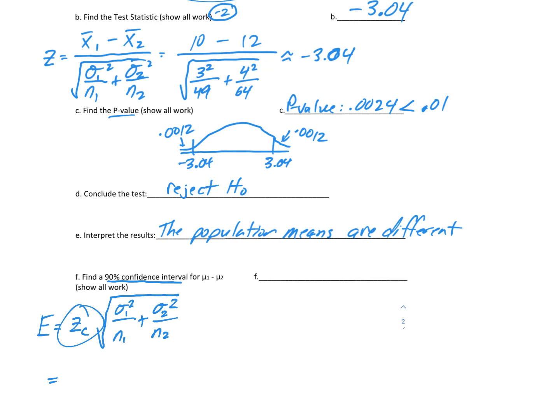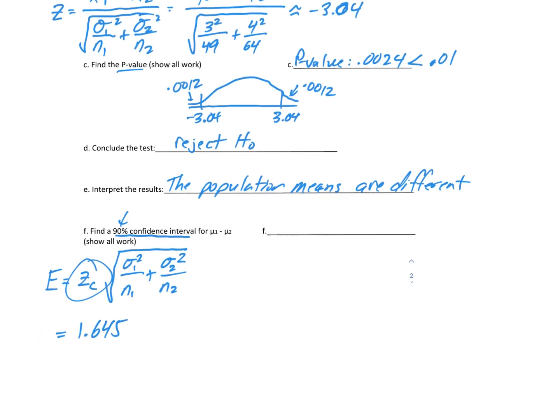I'm going to say them now. 90% is 1.645. 95 is 1.96. 98 is 2.33. And 99 is 2.58. So since this is 1.645, we write it.